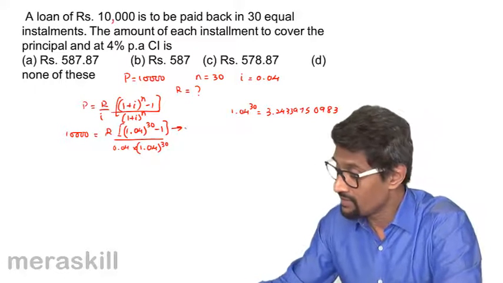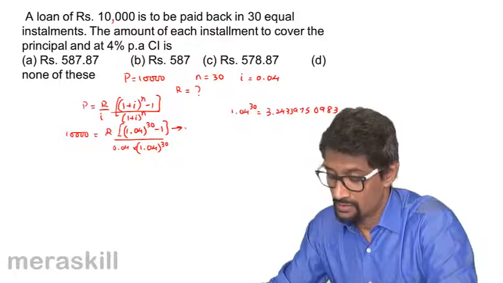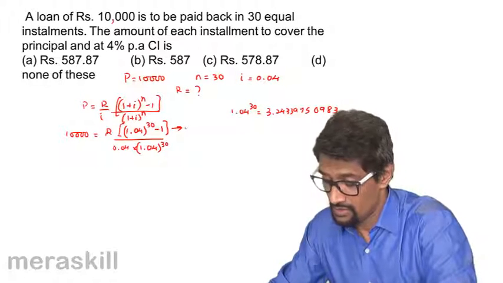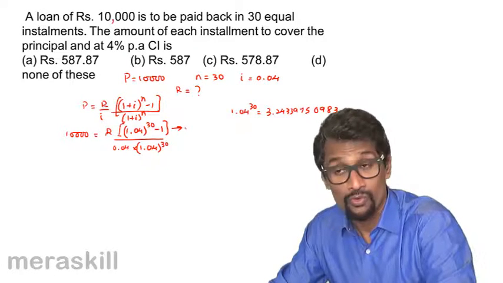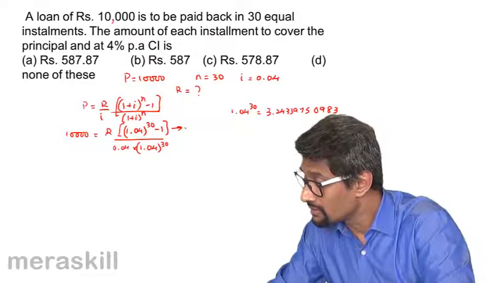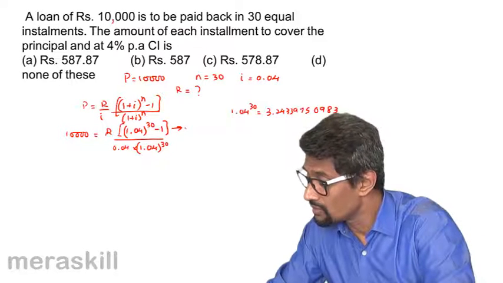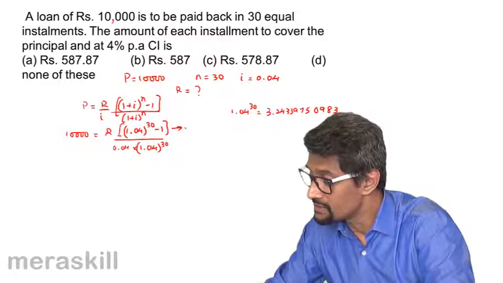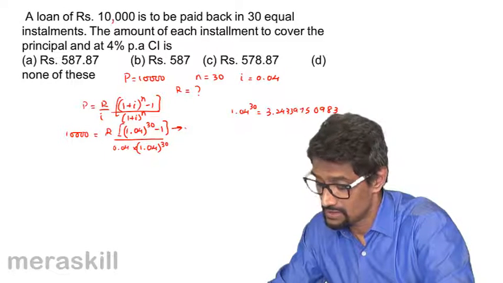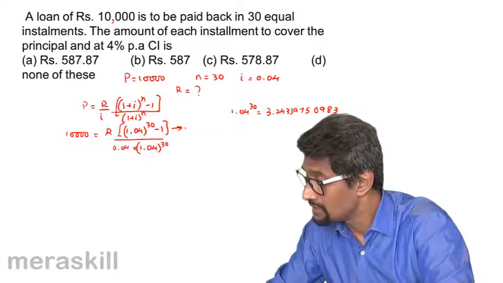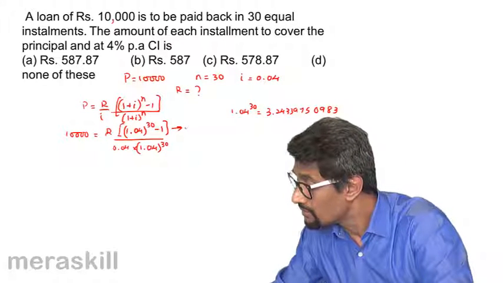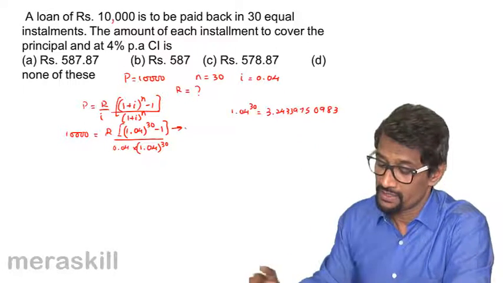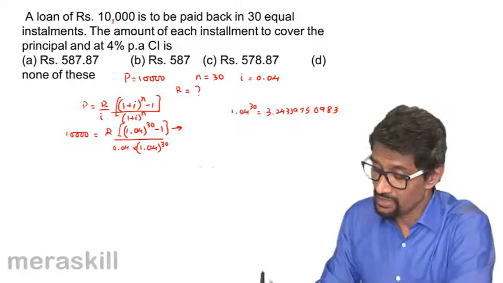Then 10,000 into 0.04 into 1.04 raised to 30, which is 3.2439750983, divided by the denominator, roughly turns out to be around 578 rupees.